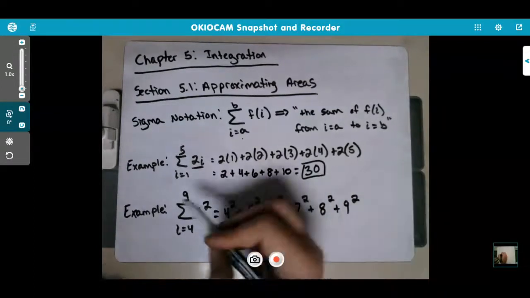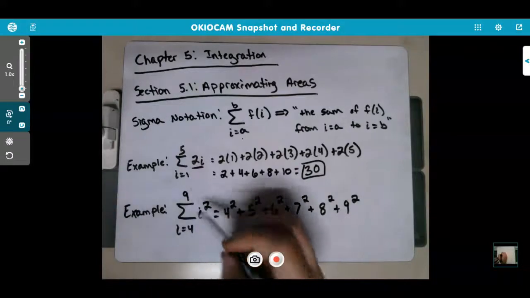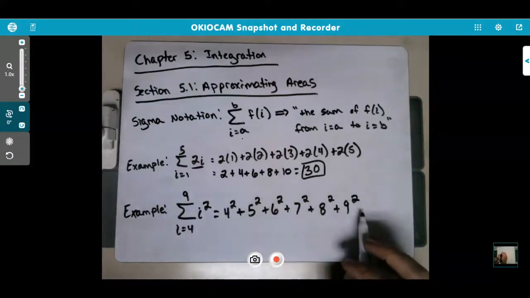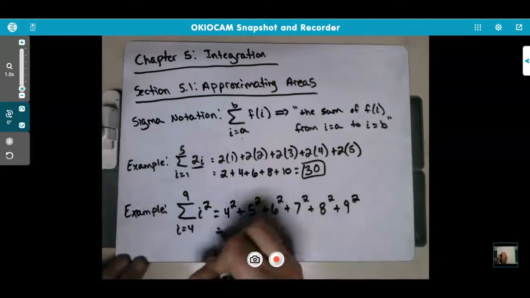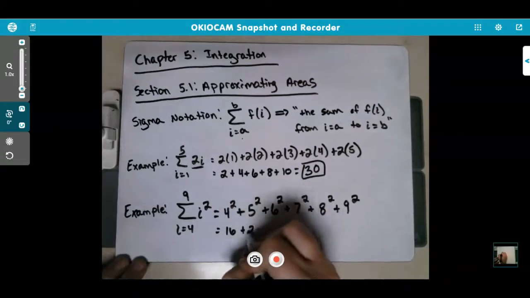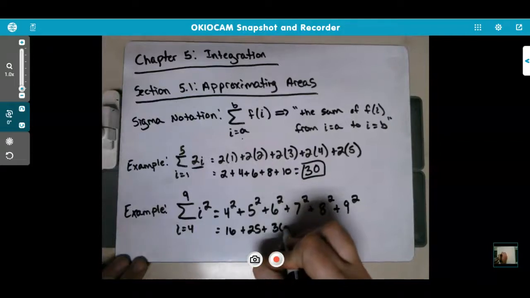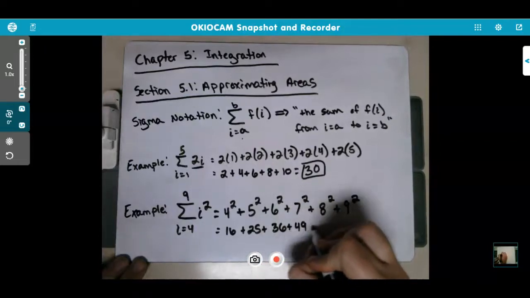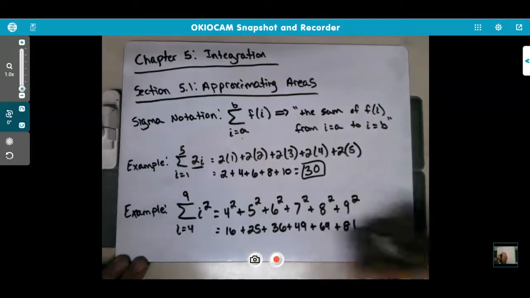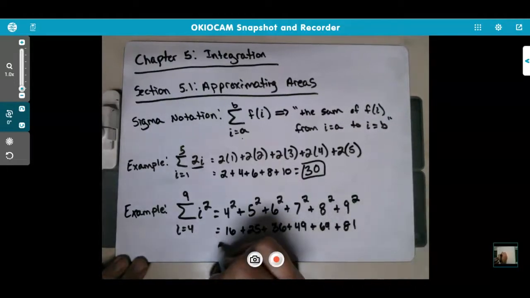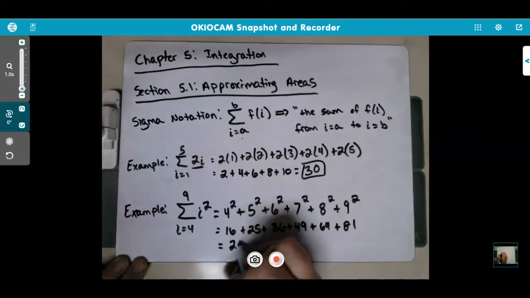And I know I stop there because I'm saying from 4 to 9. So I plug in a 4, plug in a 9, and everything between them. Let's add this up. 4 squared is 16, 5 squared is 25, 6 squared is 36, 7 squared is 49, 8 squared is 64, 9 squared is 81, and if you added all of those up, what you would get is 271.